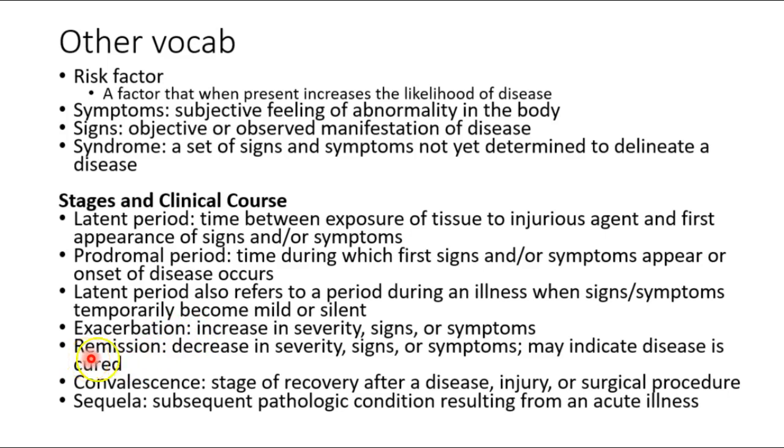Remission means it's getting better. It may mean the disease is cured, or it may not. So a really frequent use of the word remission is cancer is in remission. We will not know if that person has any cancerous cells left in their body for a very long time, potentially. Convalescence is the stage of recovery. I'm in convalescence from my wisdom tooth surgery right now.